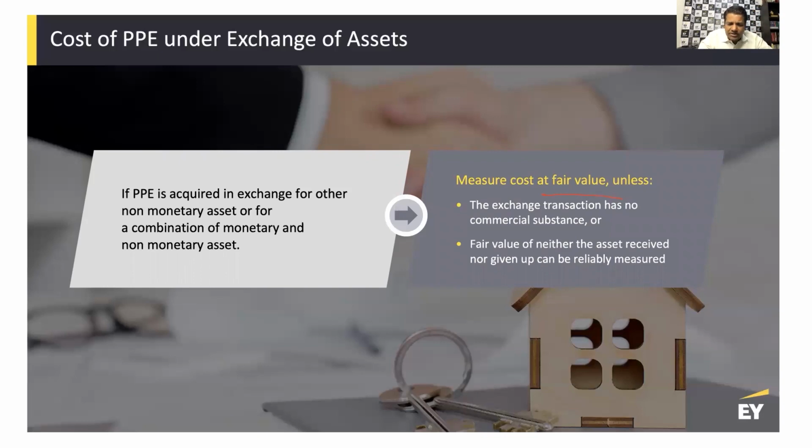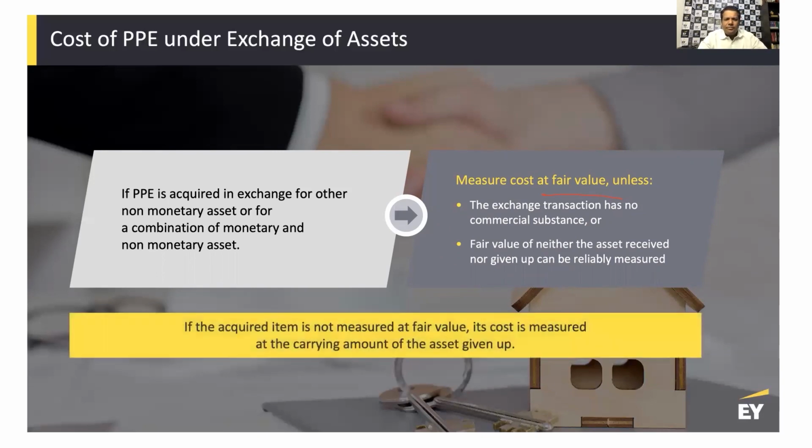If there is no commercial substance, that means it's a bogus transaction and you don't need to record that transaction. You continue with your status quo. The cost has to be reliably measurable; the information has to be available for you to determine the fair value. If the acquired item is not measured at fair value, its cost is measured at the carrying amount of the asset which is given up. So if the fair value of neither the asset received nor given up can be reliably measured, you can't do much.